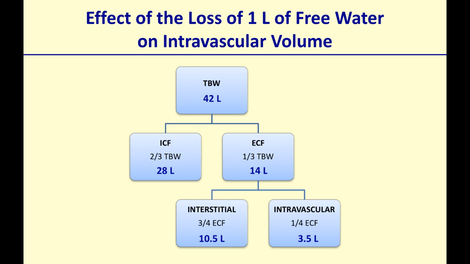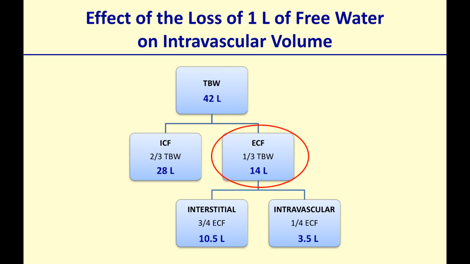Now, if you are still skeptical about the effects of losing free water on volume, let's examine what happens when we lose a liter of free water. What will happen to intravascular volume? We have a typical 70 kilogram man with 42 liters of water, and of those 42 liters, 2/3 will be intracellular, so 2/3 of 42 is 28 liters, and 1/3 will be in the extracellular fluid compartment, so 1/3 of 42 liters is 14 liters.